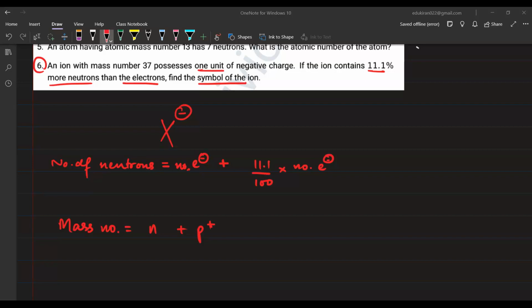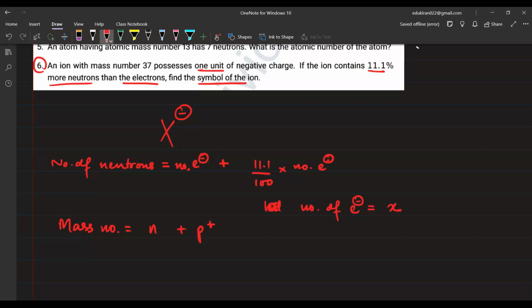So there are a few things that we can do here. First of all, can we start with number of electrons? Okay, let's suppose number of electrons is equal to X. Fine.